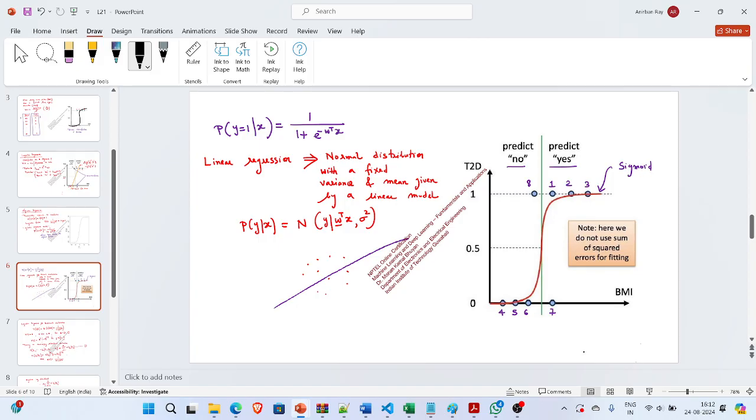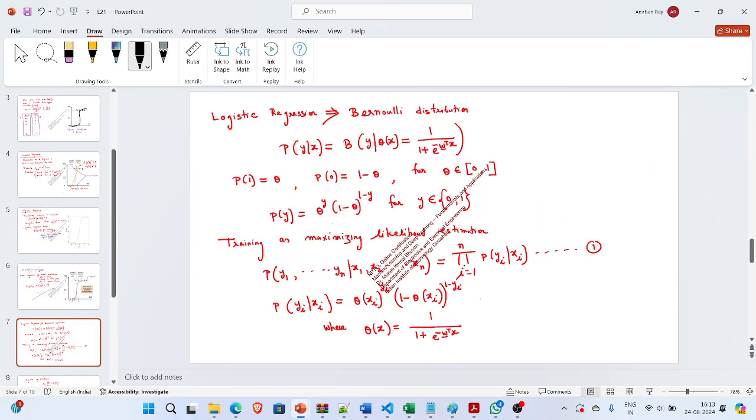As the sigmoid y value is greater than 0.5, we output it as class 1, otherwise 0. So let's progress further.